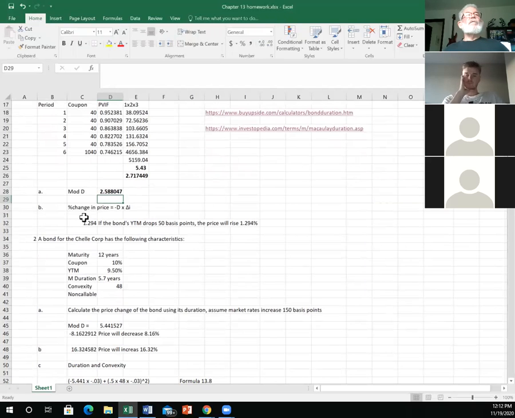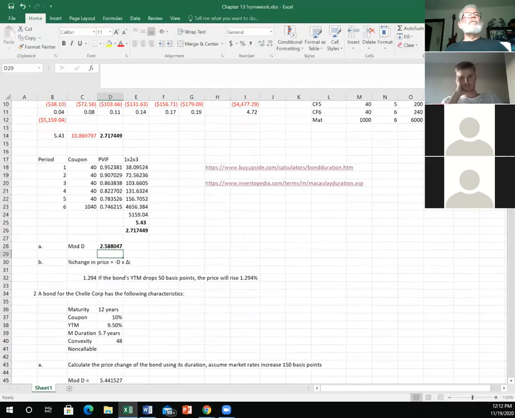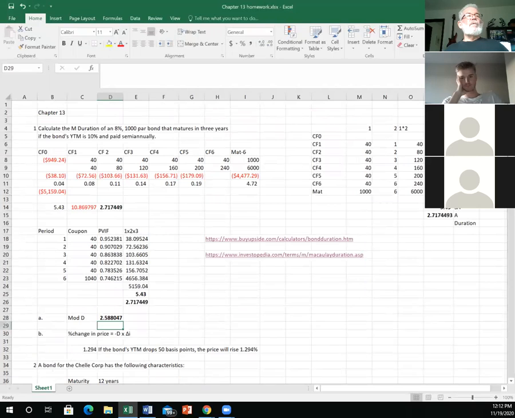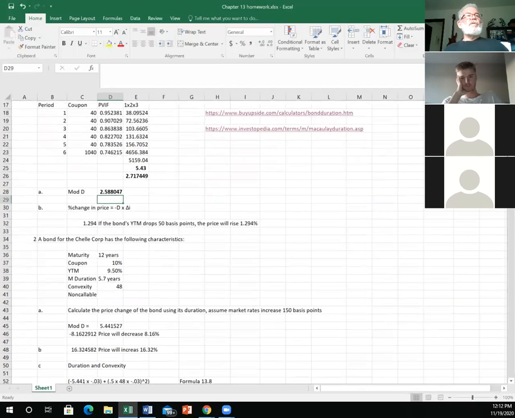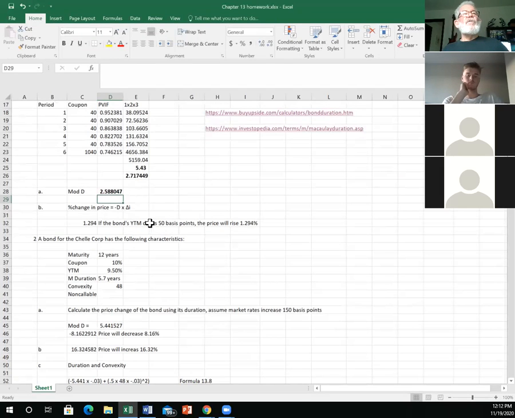So B says percentage change in price equals minus duration times the change in yield. So if the bond's yield to maturity drops 0.5% or 50 basis points, the price will rise 1.294%.